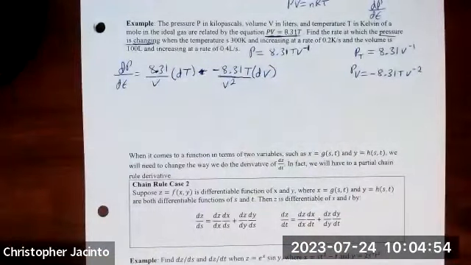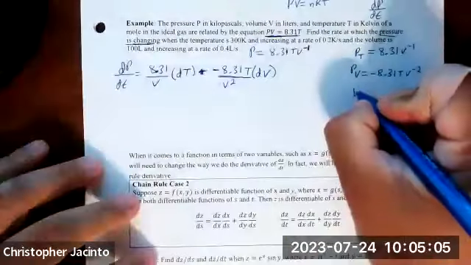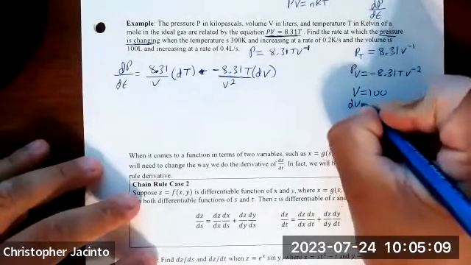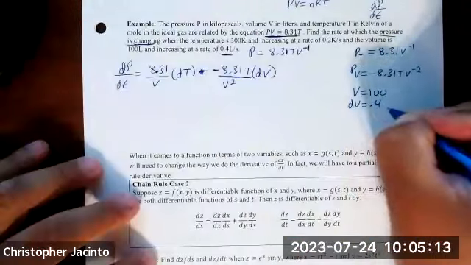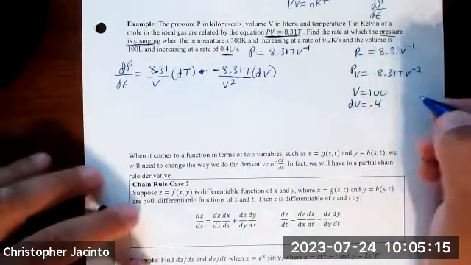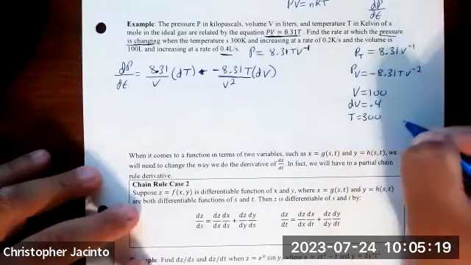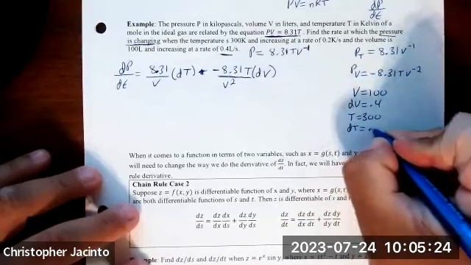Okay. Now, what is dT/dt and what is dV/dt? The good thing is it's actually given to us in the question. We know that the volume is going to be 100, dV/dt is right here, 0.4. We're also given temperature to be at 300 Kelvin, and dT/dt is 0.2.